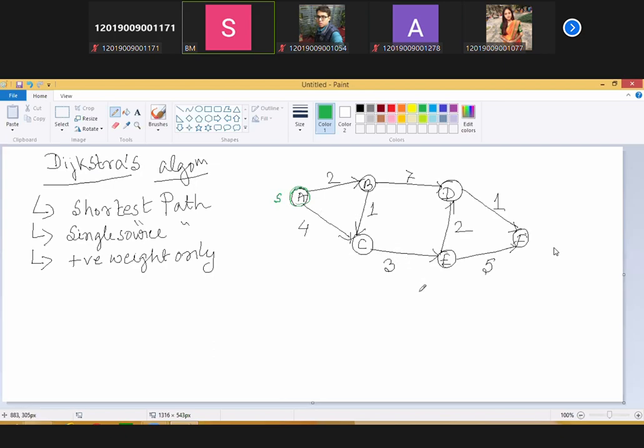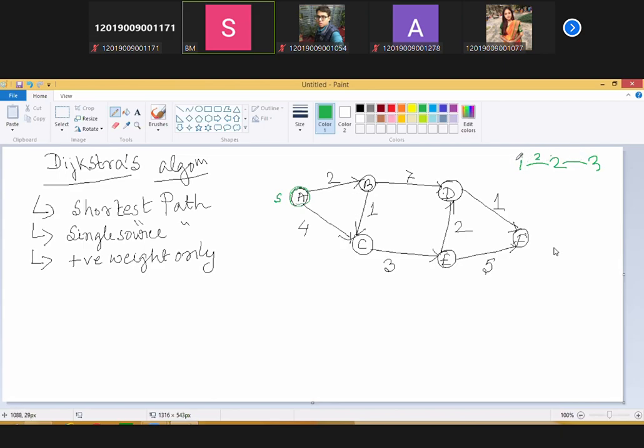So A is the source. What does Dijkstra algorithm say? Dijkstra algorithm says that for any 2 points, say 1, 2, 3, from 1 to 2 there exists a direct path, and 2 to 3 may exist another path. But initially you will consider that 1 to 2 may be at a certain distance, and that cost is given here.